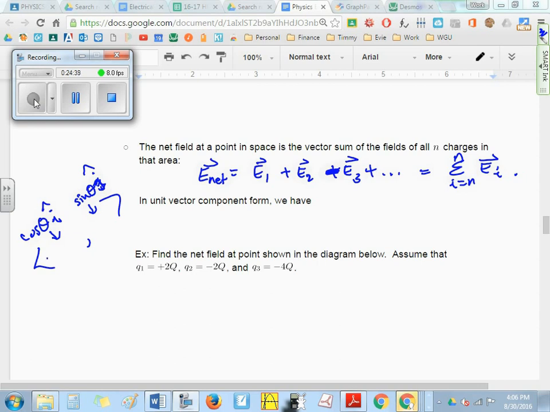So for example, when I put in root 3 over 2 and 1/2, what I'm really saying is that I'm dealing with a 30 degree angle, because root 3 over 2 is the cosine of which angle? 30 degrees. And simultaneously, 1/2 is the sine value of that same angle, 30 degrees. So you can tell that theta is 30 here from the unit circle, right?